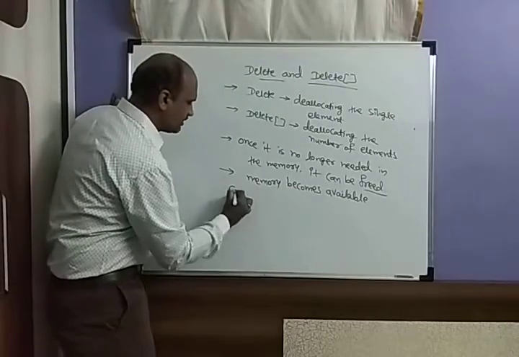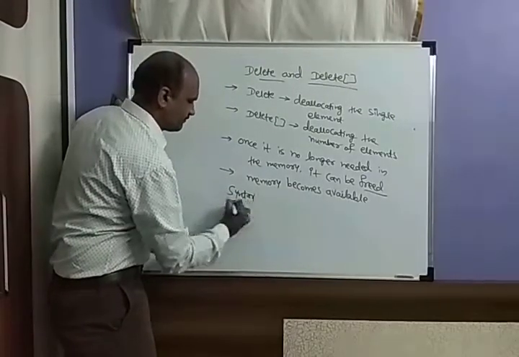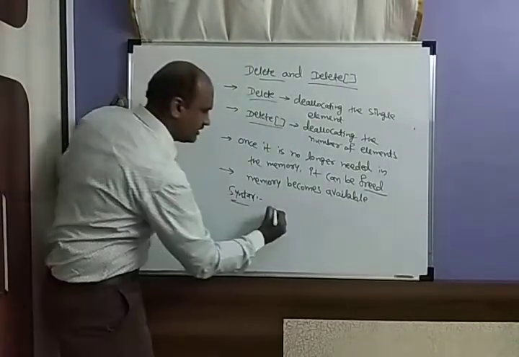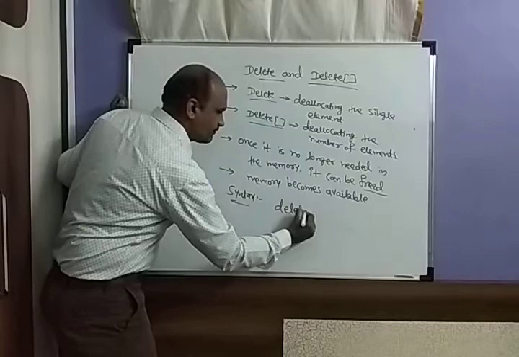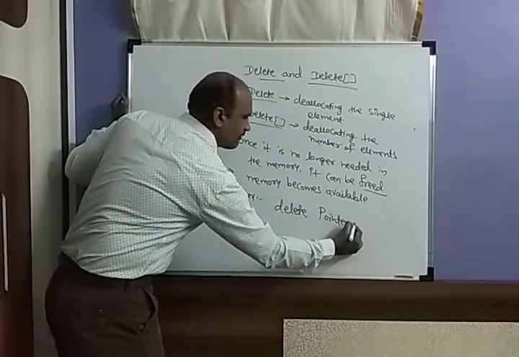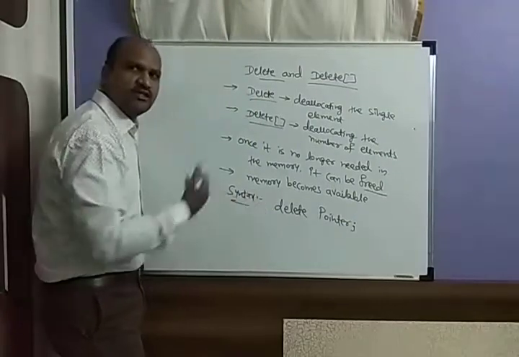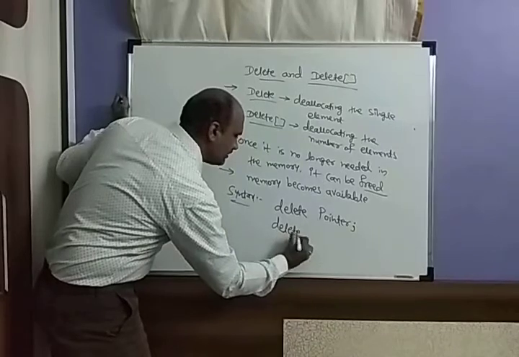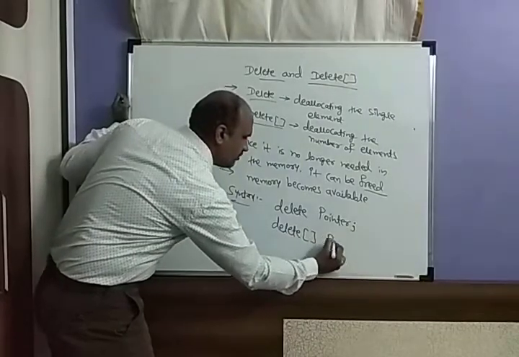The syntax for this, as I told you, uses the delete operator: delete with your pointer. This deletes only a single element. If you want to delete with the array, delete with the array and the pointer.